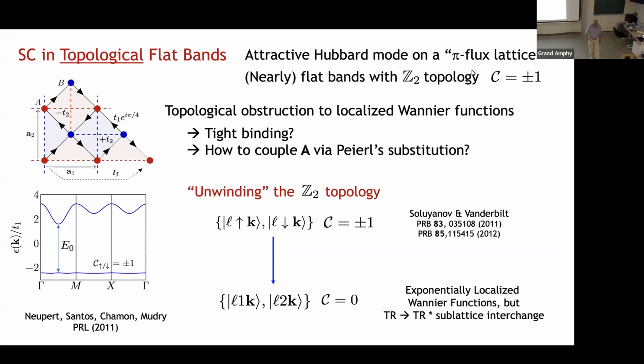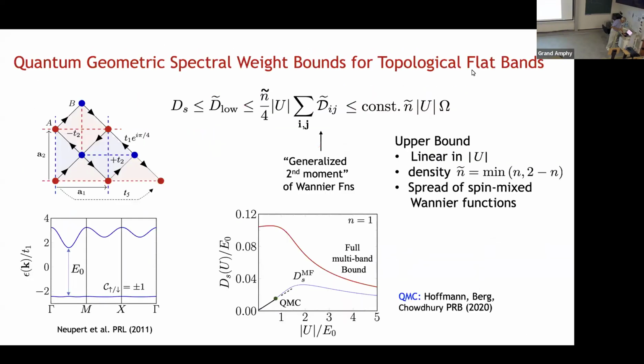The question is, how did you evade the topological obstruction theorem? You evaded it because here the two states are related by Kramers degeneracy. But here, time reversal is actually implemented in a slightly strange way. It's time reversal times sublattice interchange, so it's slightly non-local, and that allows you. Okay, let's not worry about this.